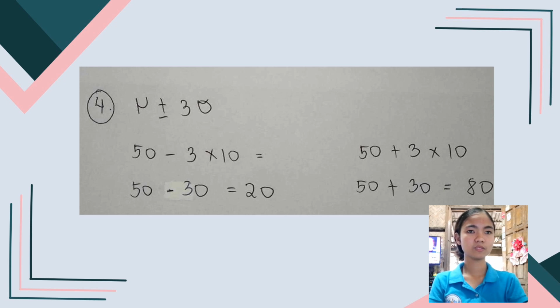And 50 plus 3 times 10 is 50 plus 30, which equals 80.